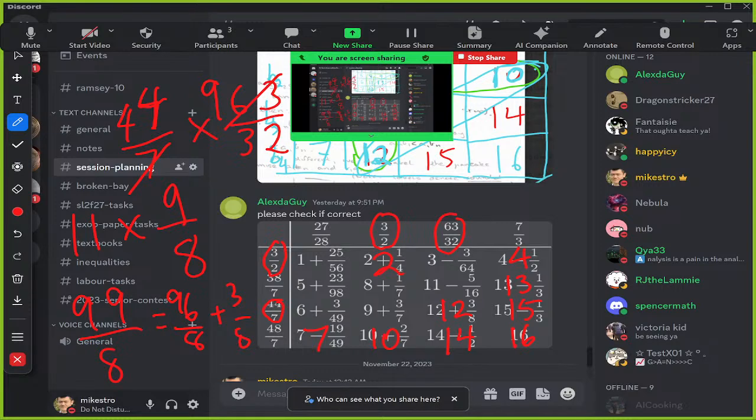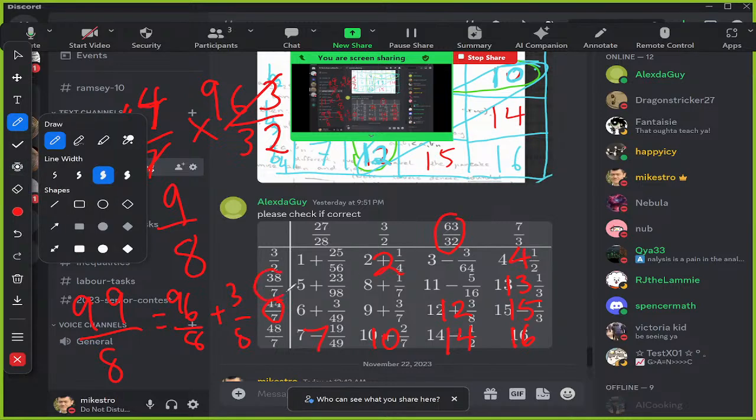Let's check something with the sevens, yeah. So what's that say there? 38/7 times. Let's do 38/7 times 63/32. How do you do that?